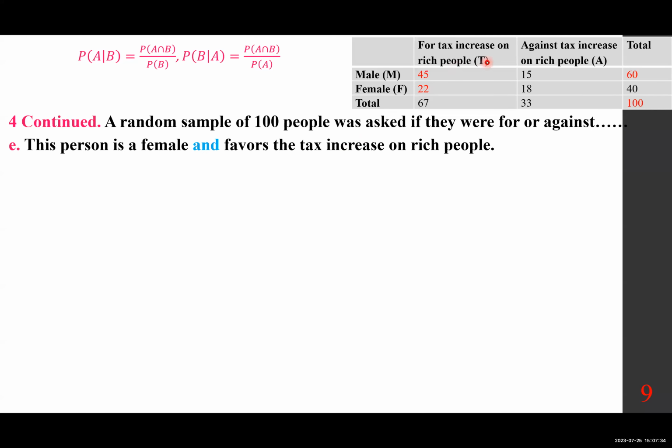So probability of F intersection T. So here's F, here's T. So F and T, 22 is in common. So 22 over 100. Again, as a fraction becomes 11 over 50, as a decimal becomes 0.22, as a percentage becomes 22%.